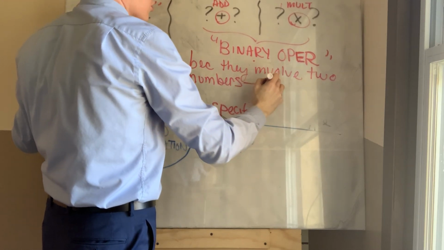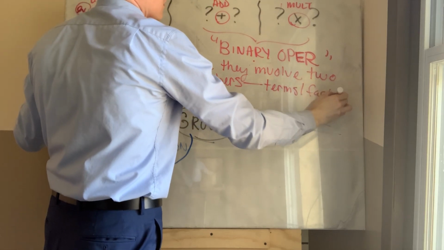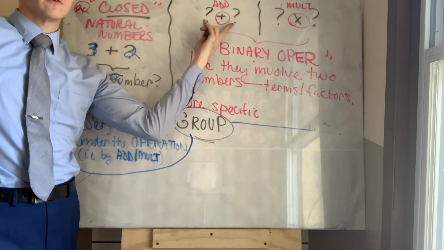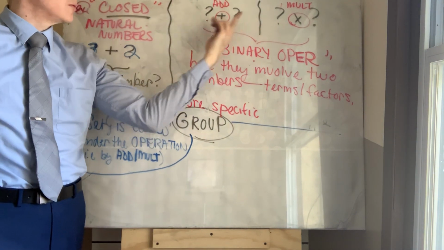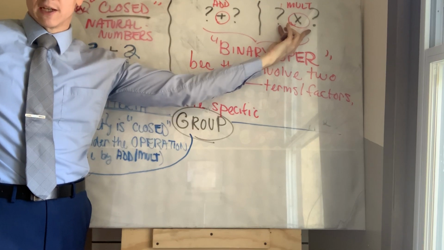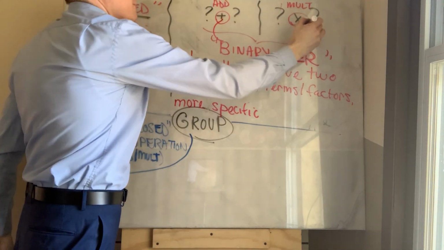Two numbers, two terms, two factors, if you wanted to get technical. Whatever is sitting in front of the plus, whatever is sitting after it. Whatever is sitting in front of the multiplication x, whatever is sitting after it. There's 2 of them. The operations are binary.